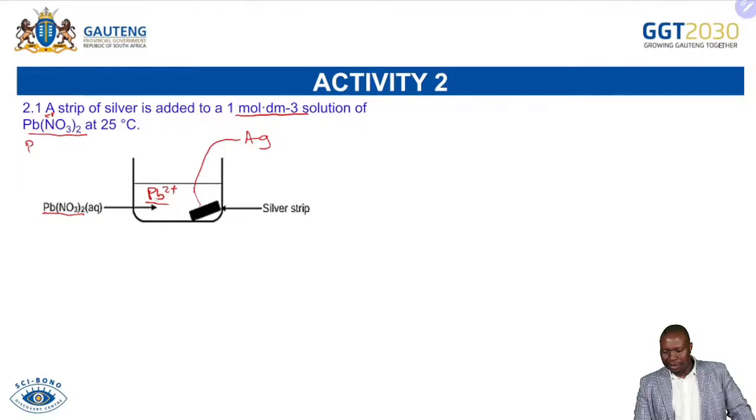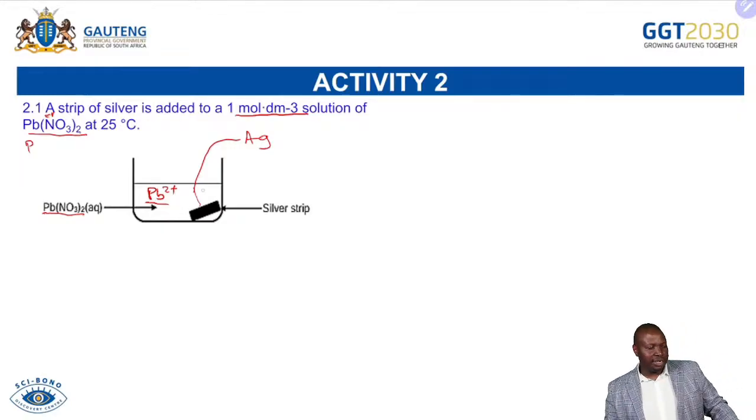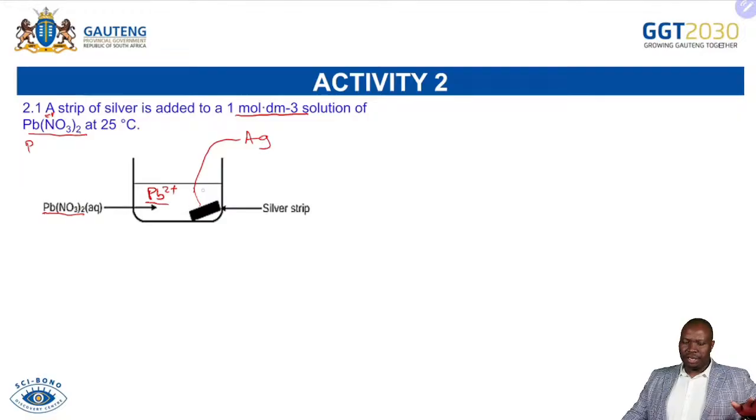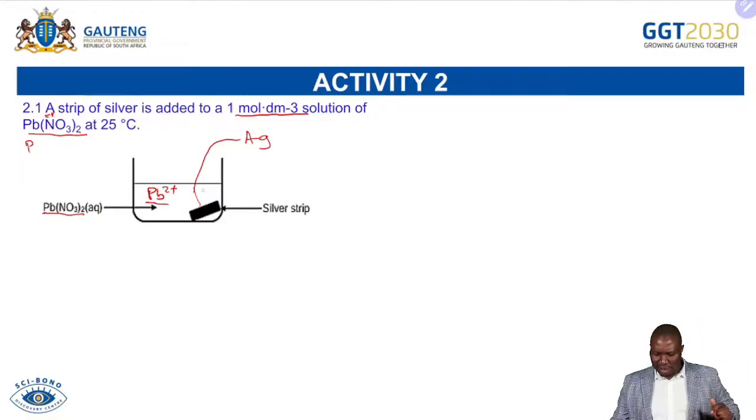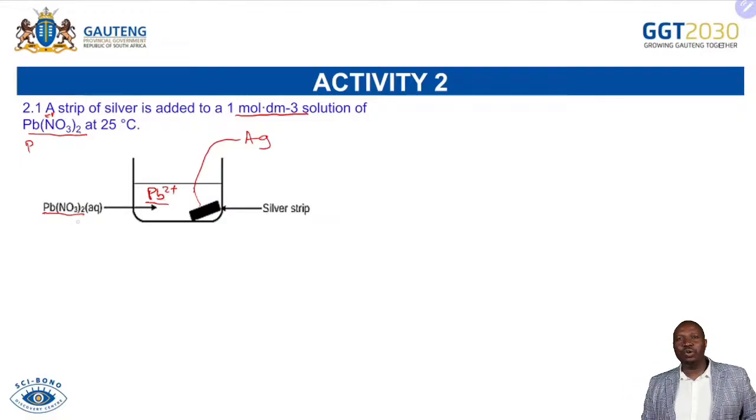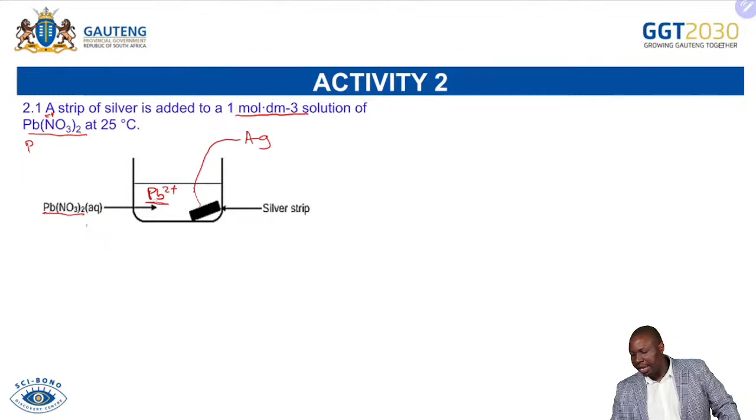Lead nitrate means lead 2 plus, our electrolyte. Remember, an electrolyte is a substance whose aqueous solution contains ions. So what are the ions? Pb2 plus and NO3 minus. We are more focused on Pb2 plus because we have Ag and Pb2 plus in our question. Now we've analyzed the question.